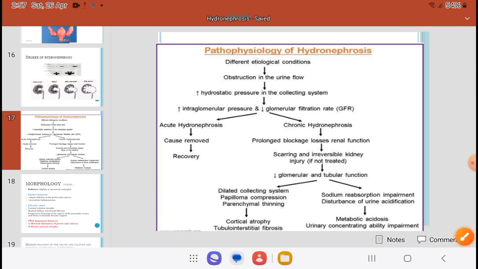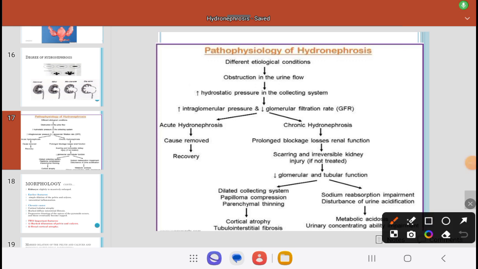Of course, the decrease in glomerular and tubular functions results in abnormal dilation of the collecting system that causes papillary compression and parenchymal thinning. That further leads to cortical atrophy and tubulointerstitial fibrosis.